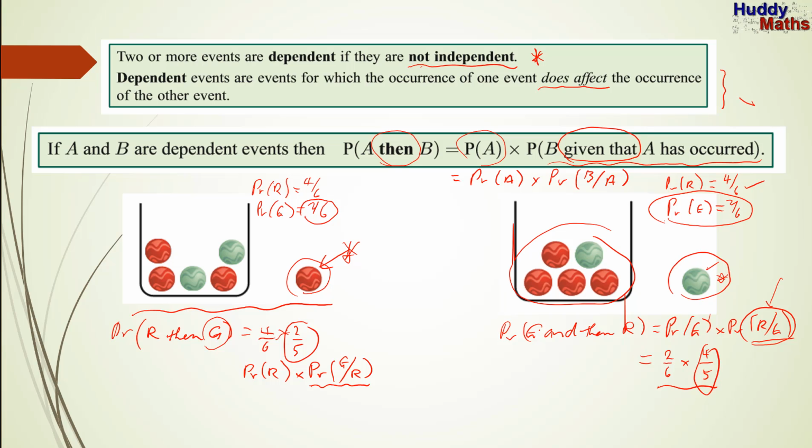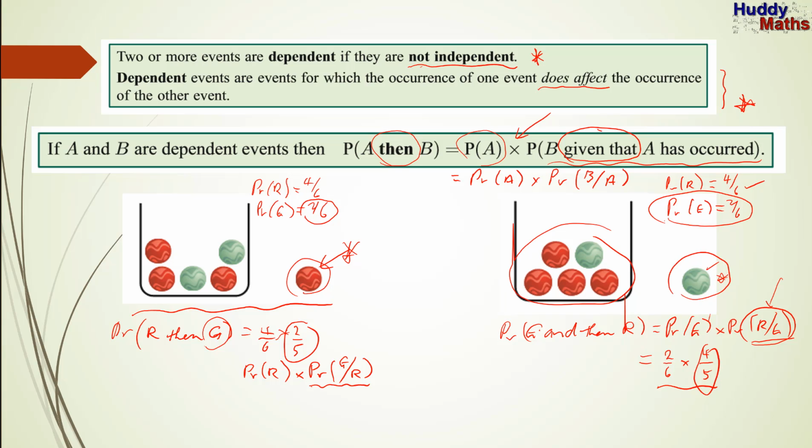Maybe the language is harder than the actual doing, because you are still using a product. You want something and something else, so you're still timesing. That idea is still true. That fraction of the time is when you'll get the combination of the two. But you have to adjust it, okay?